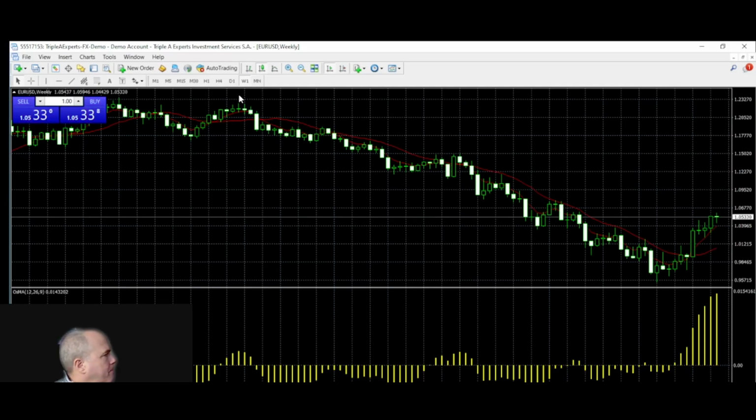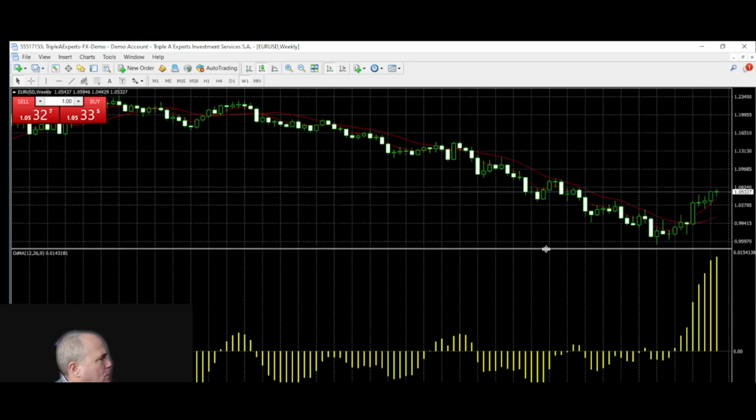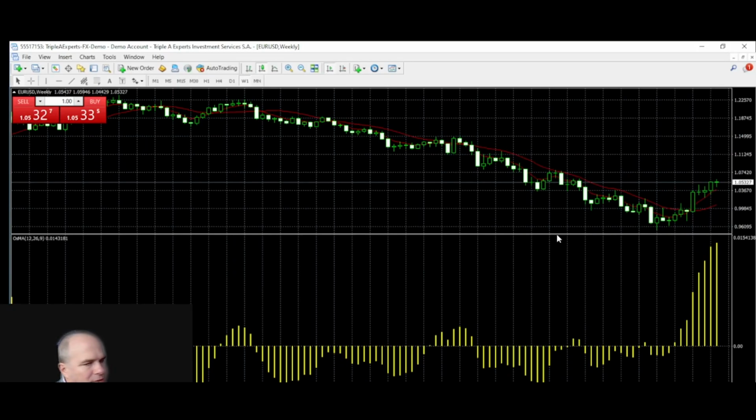This is the euro dollar, okay? And we're going to look at the weekly chart. It's not going to matter which chart we're looking at, because you can find these anywhere. But this is just a good example of a divergence trade. So we have momentum on the OSMA. It's beginning pretty substantial.